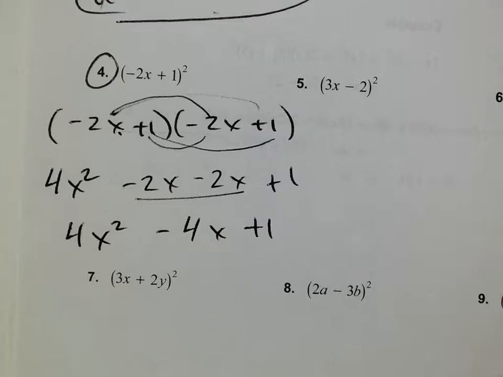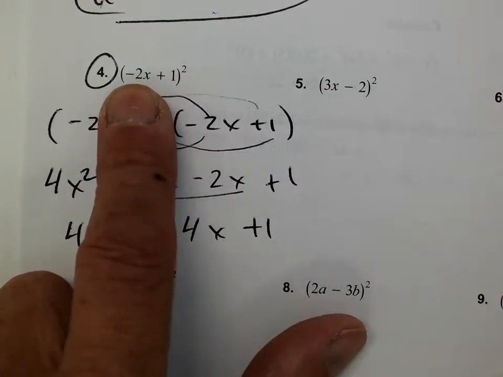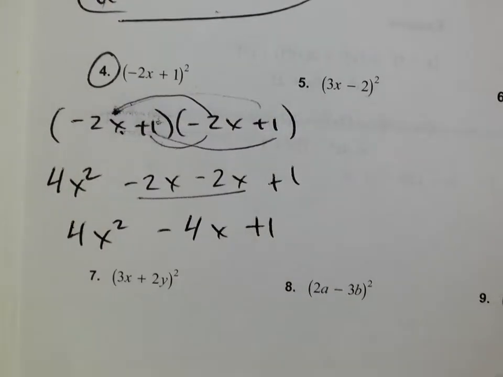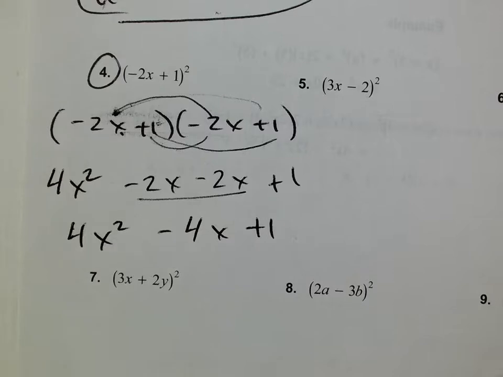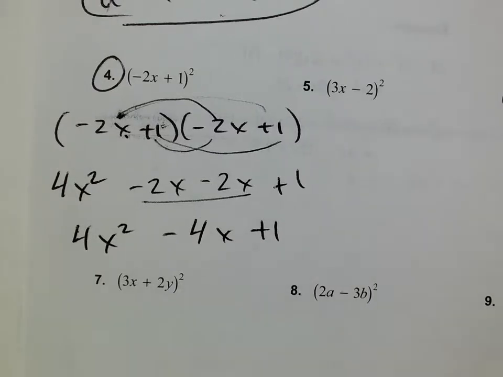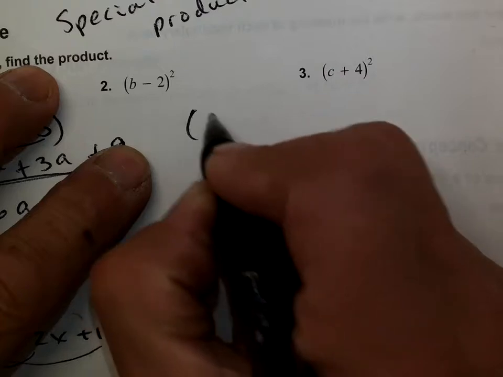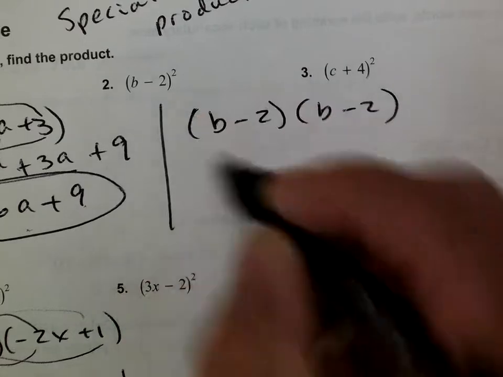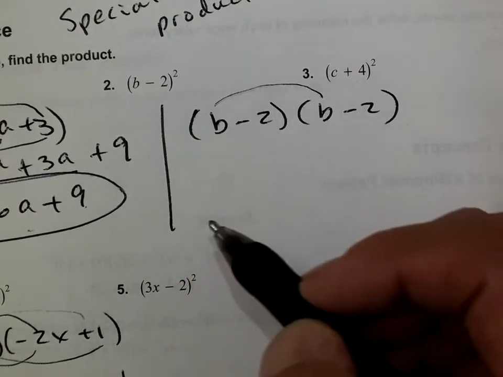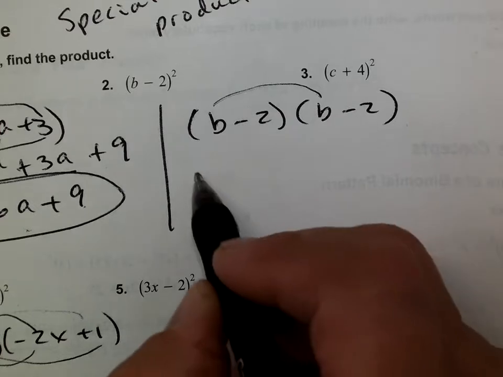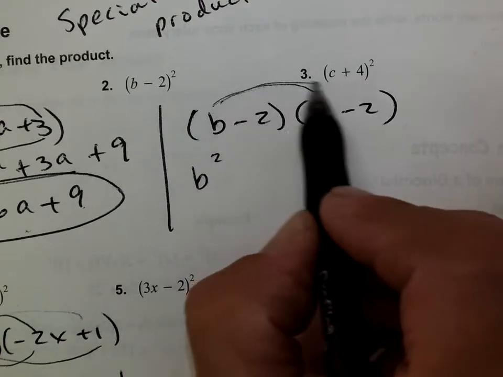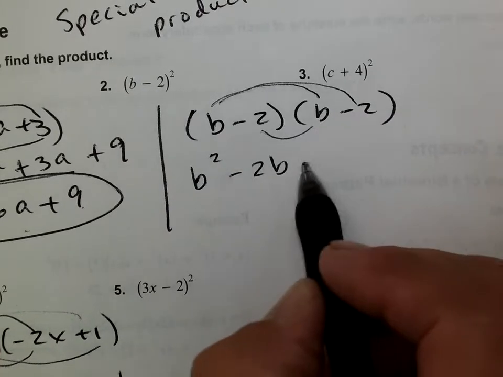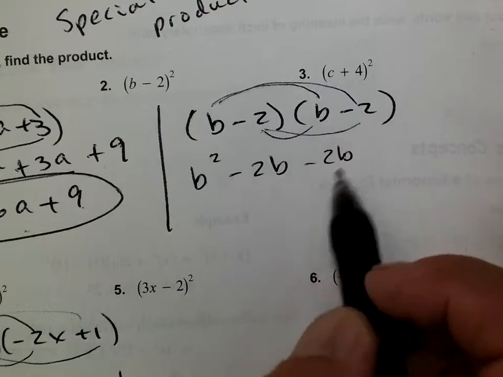Their trick would be: square this, you get a positive 4x squared. Square that, you get a positive 1. Multiply that times that and double it. But you don't have to do their trick. Hannah, you want to do number 2? Sure. Number 2, I'm going to go b minus 2 times another b minus 2. We get b squared, minus 2b, minus another 2b, plus 4.